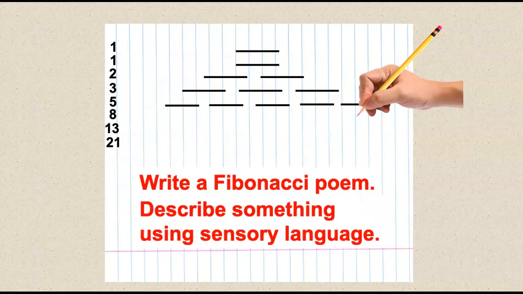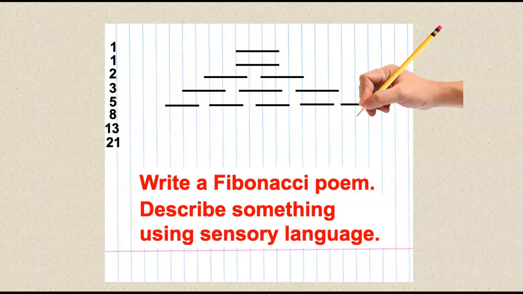For your Fibonacci poem, you should describe something using sensory language. You can use the Fibonacci sequence to either format the poem by the number of words per line or format the poem by the number of syllables. Something you might describe would be in the room with you, perhaps, or maybe you could describe a special object that is meaningful to you in some way.